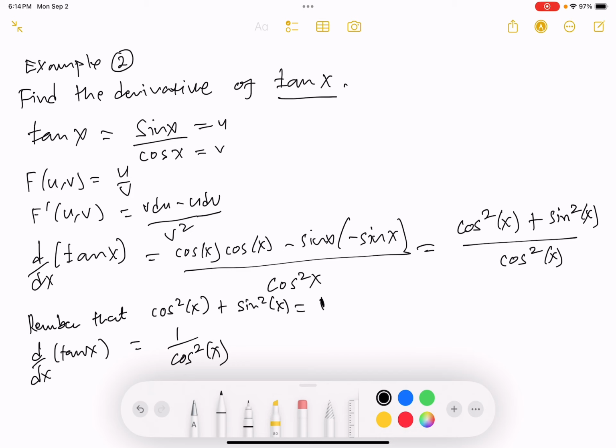So you could end here, or you could proceed and say, what is this equal to? 1 over cos is equal to what?